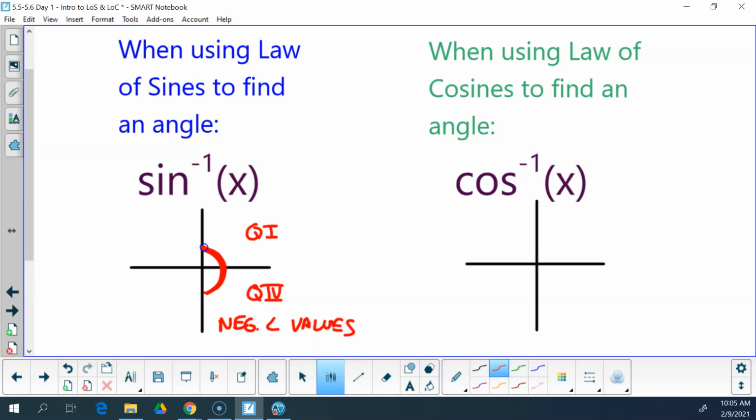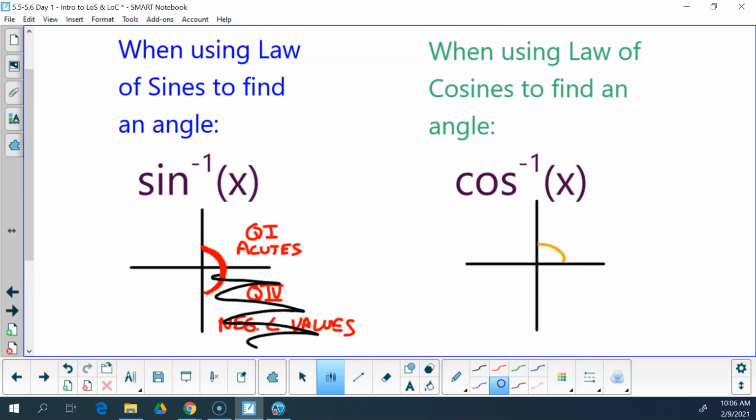In a triangle, can we have negative angle values? No. So that takes away quadrant 4. So all the law of sines gives us is acute angles. Those are the smaller ones. So that's why we go small when we're using the law of sines.